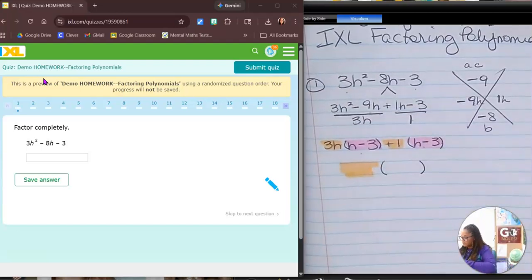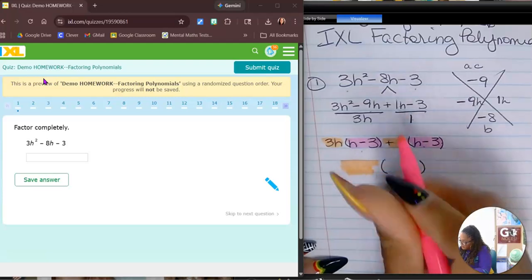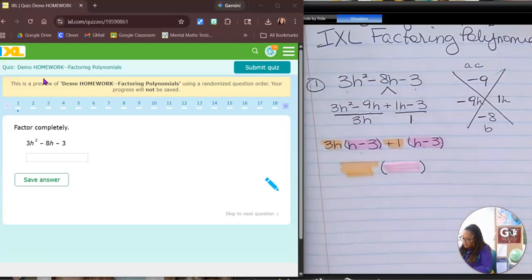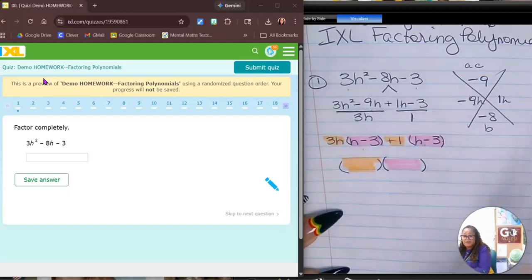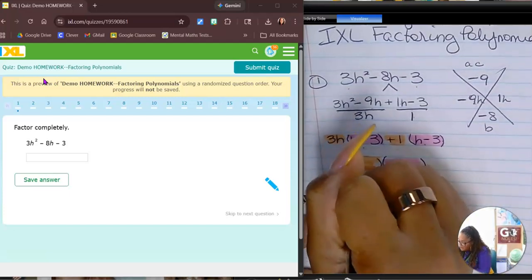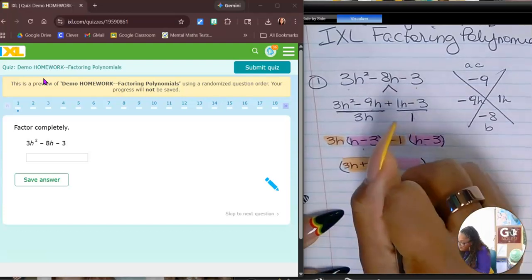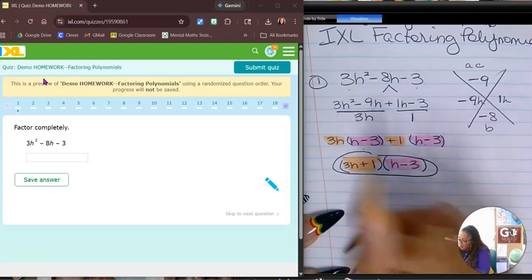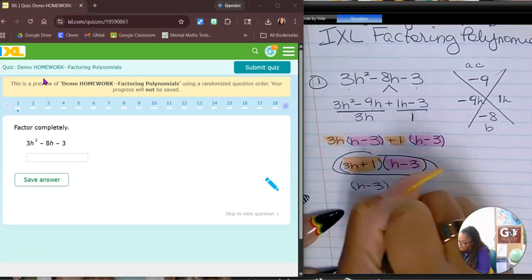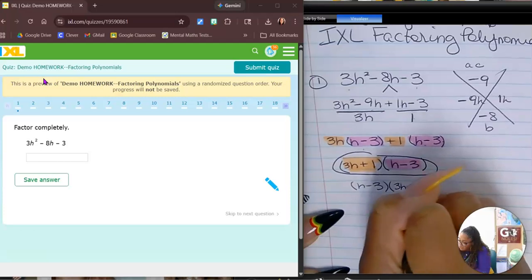So that's going to go right here. And then the other set is going to go here. And the order doesn't matter. So we'll say 3h plus 1 times h minus 3. And then that'll be my answer there. Or I can say h minus 3 times 3h plus 1.